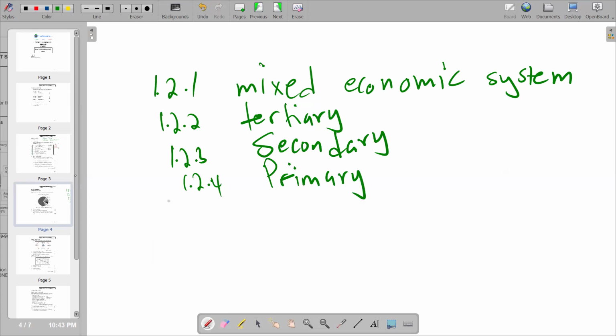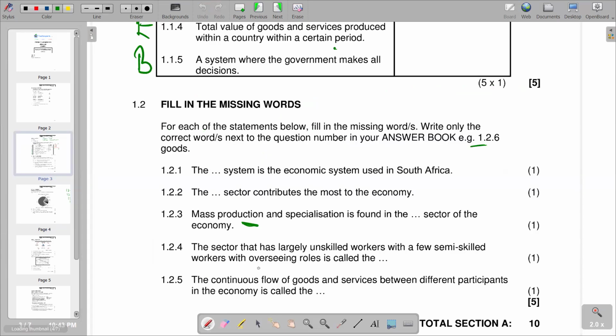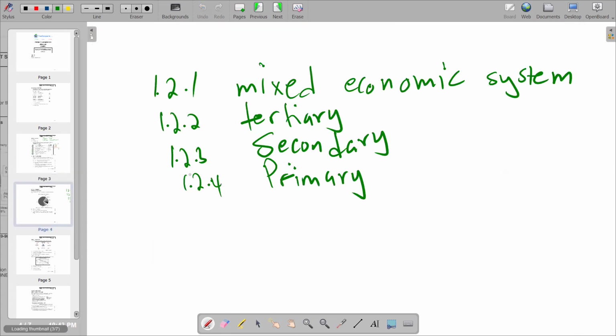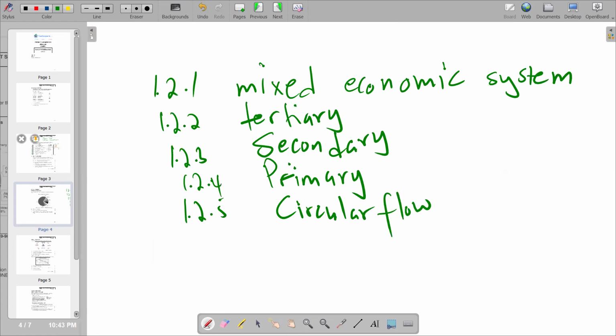Go to the next part, which is the last one, which says the continuous flow of goods and services between different participants in the economy is called the, and you know that this is the circular flow. So we indicate it as the circular flow, and this becomes the last part of our question.